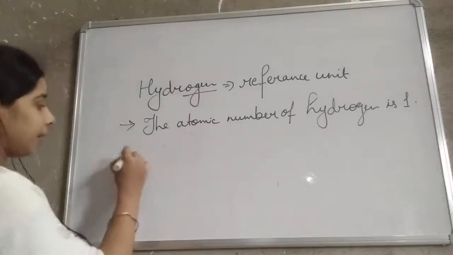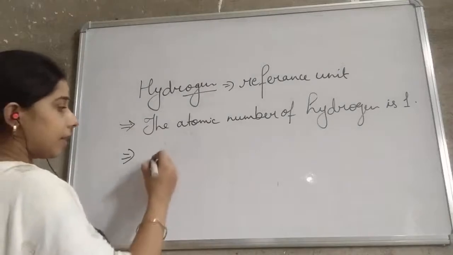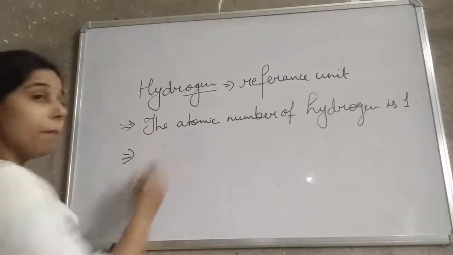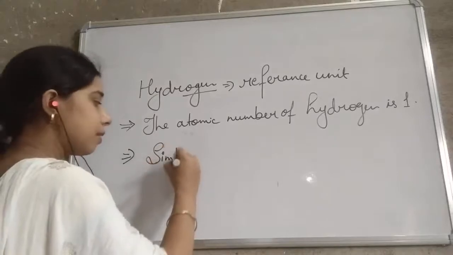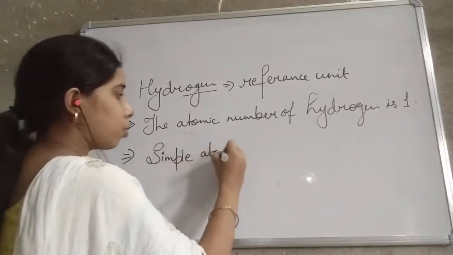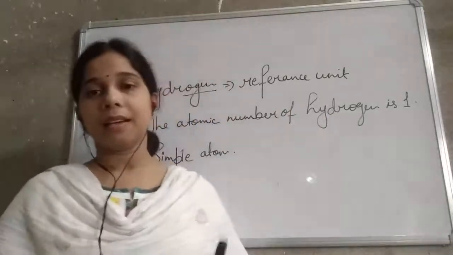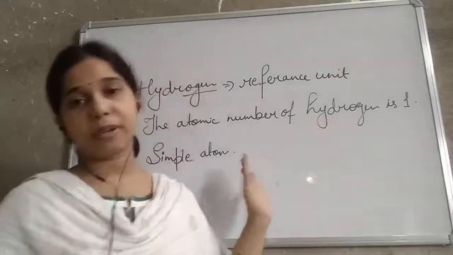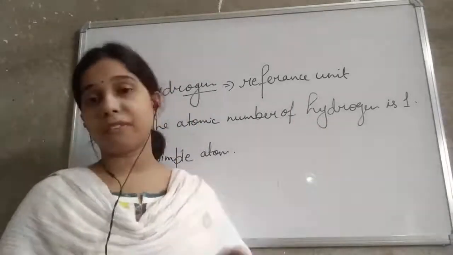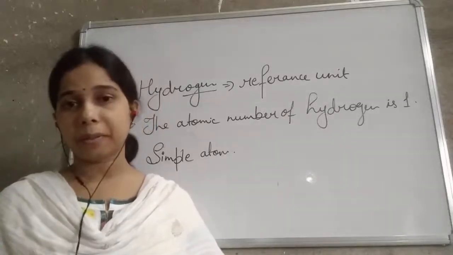The second thing, in the case of hydrogen, is that it is a simple atom. Since it has the atomic mass of 1, it is a simple atom, and hence it is used as a reference unit to measure the mass of the different atoms of the elements.